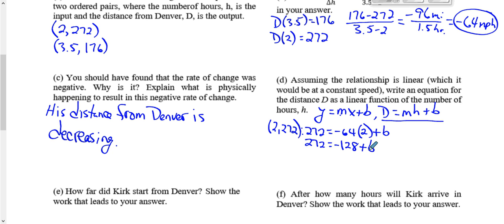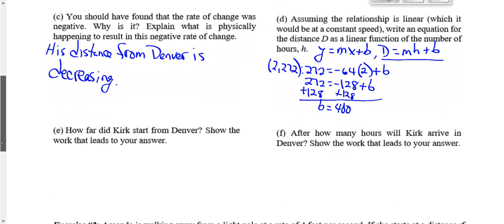And what do we do now? Add 128 to both sides, and what do we get for B? 400. So he's starting out how far from Denver? 400 miles. Okay. So what is the actual equation now that we have an M and a B?